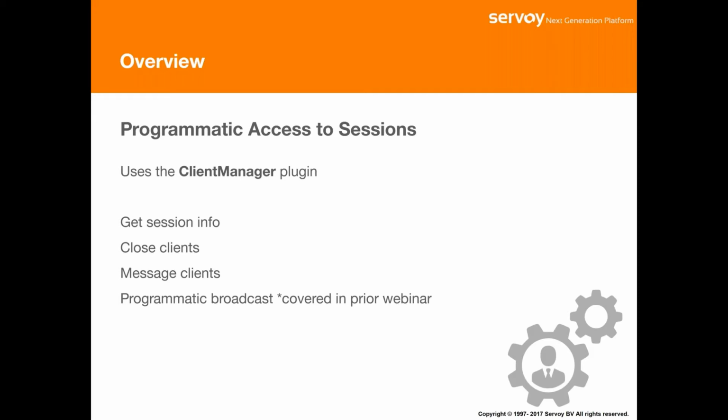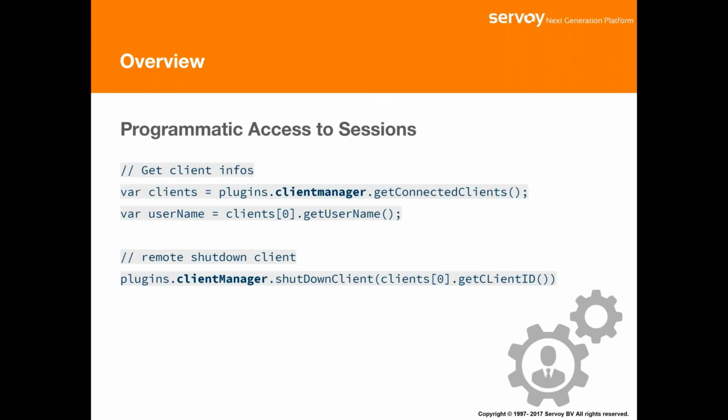You can send messages to those clients if you want to say like you're about to be disconnected or something like that. You can also have programmatic broadcast access, and this is covered in a prior webinar, but you can really build up almost like a peer-to-peer kind of communication protocol, but that's a bit of a different topic.